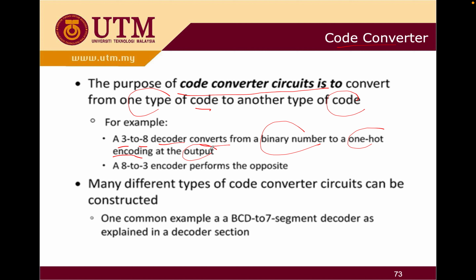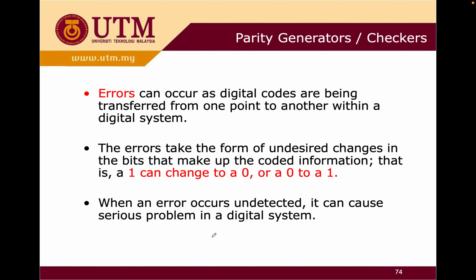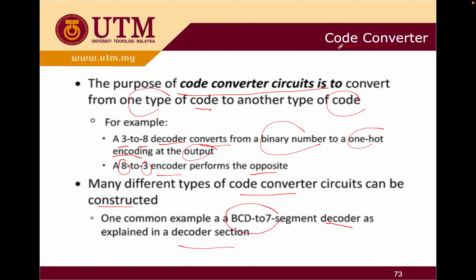Of course, just now you already learned, an 8 to 3 encoder performs the opposite thing. Many different types of code converter circuit can be constructed. One common example is BCD to 7-segment display, the 7-segment decoder, as explained in your decoder sections. And that is on your code converter.